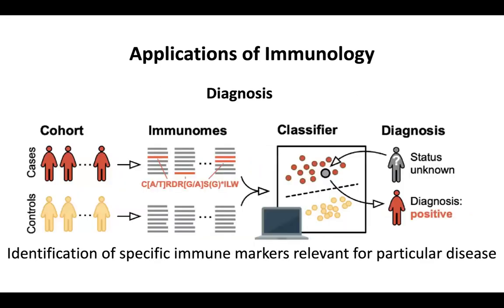So besides therapeutics, you can also utilize the knowledge of immunology for diagnosis. For example, if you understand that a particular disease patient, shown in red here, might have some mutation or defect in certain immune components when compared to the healthy individual, which is shown here, and these mutations could be this red bar that's showing here.